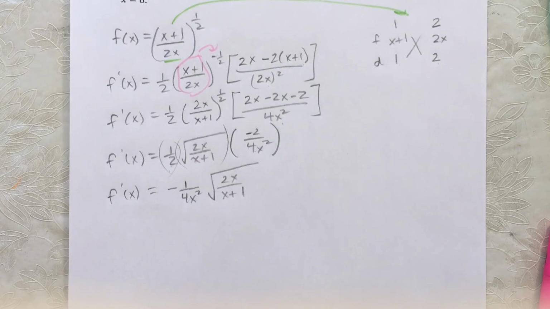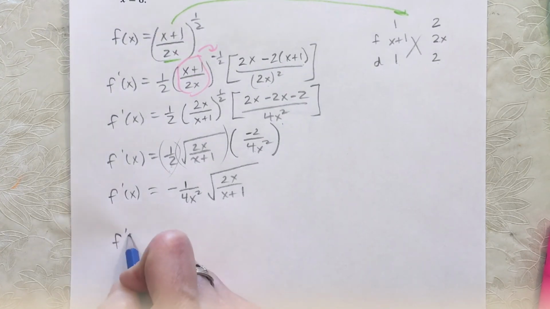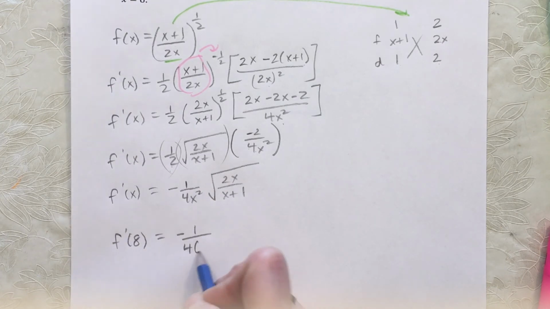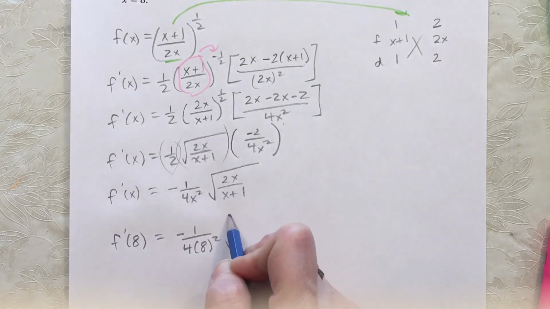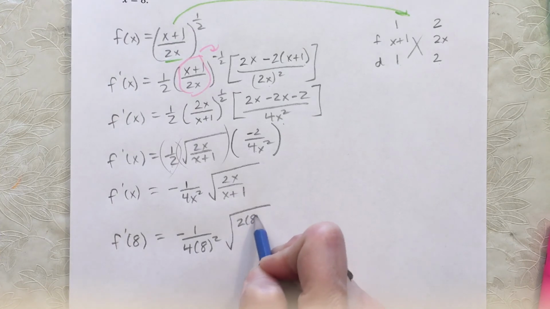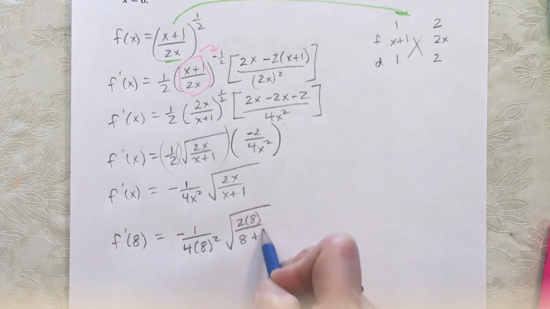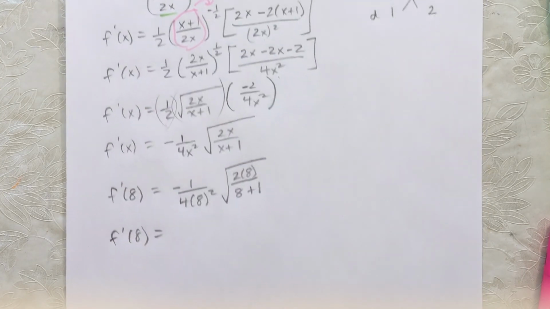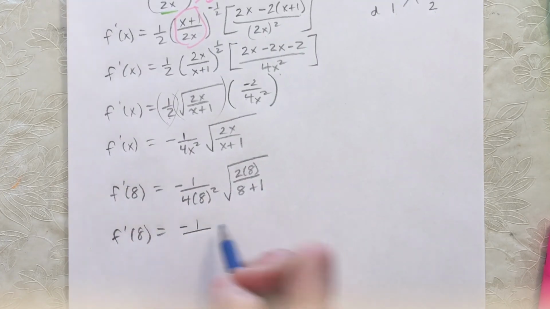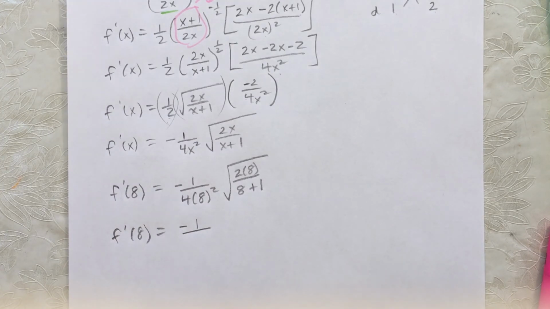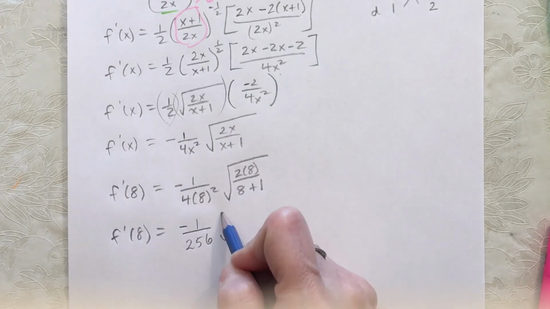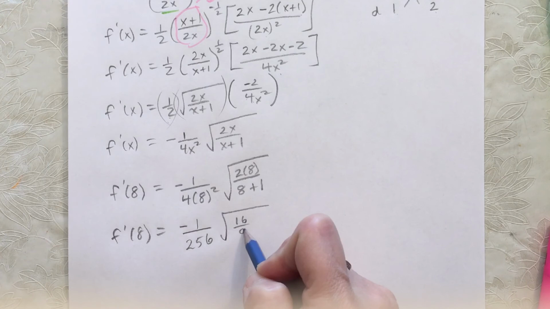So now I should be able to find f prime at 8. So that's going to be negative 1 over 4 times 8 squared times the square root of 2 times 8 over 8 plus 1. So f prime at 8 is going to be negative 1 over 64 times 4, which is 256, times the square root of 16 over 9.